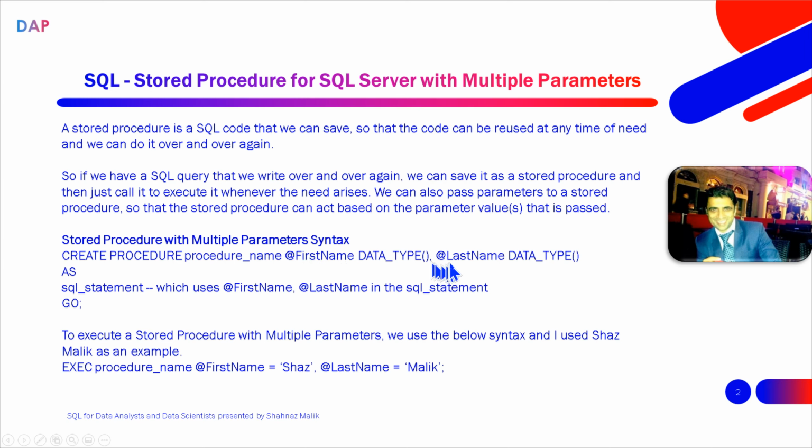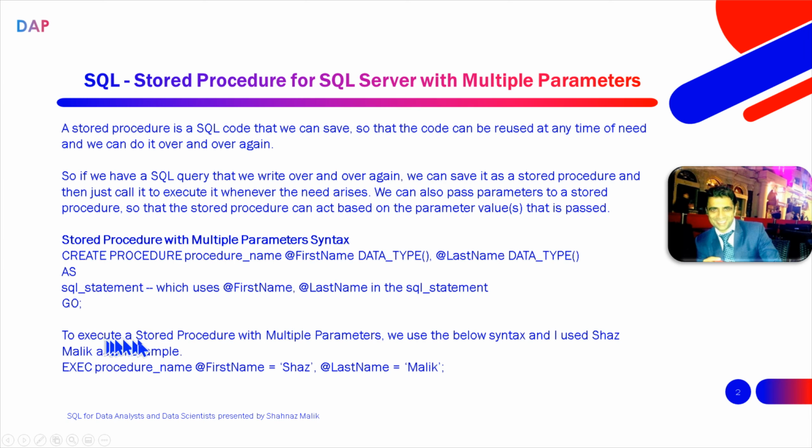Only you write a comma and give another parameter, exactly like the first parameter, giving the name of that data type and mentioning what kind of data it is going to be. Then comes the SQL statement, which uses these parameters, and that's it. Then you have created it.